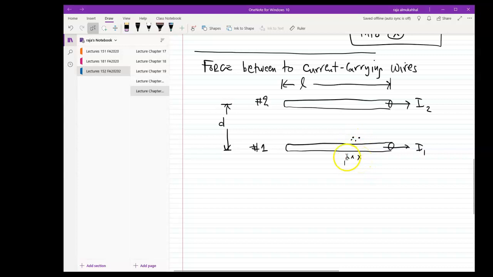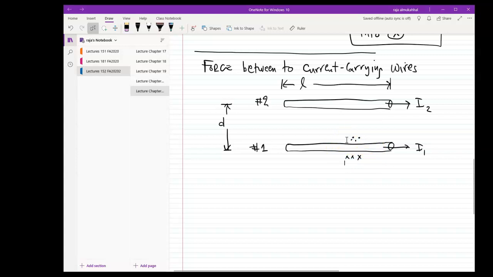Grab your pencil horizontally, such that the direction of the pencil is the direction of the current, and you'll find that the tips of your fingers point into the page underneath the pencil and out of the page above the pencil. I hope you see that.